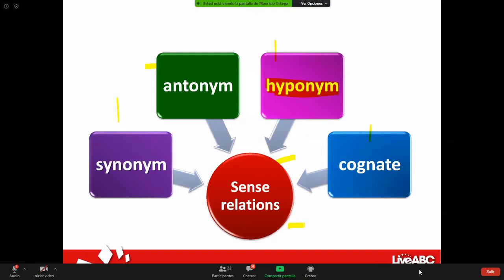And teachers, last but not least, cognates. Cognates are transparent words in both languages. So if I tell you words such as information, elevator, communication, there is no need to translate anything. Why not? Because they are very clear. But in cognates, we also have different forms. So I can have true friends.